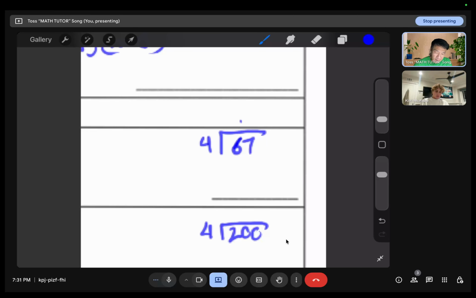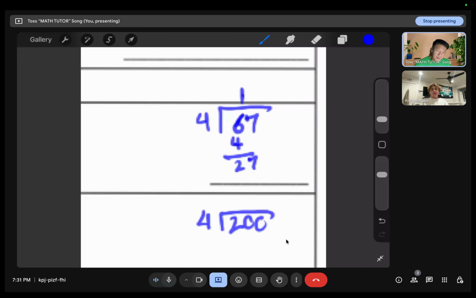Okay, let me do it first. So it'll be 4 one time, and then subtract, you get 2, bring down the 7. 4 can go into 27 six times, because 7 times 4 would be 28.